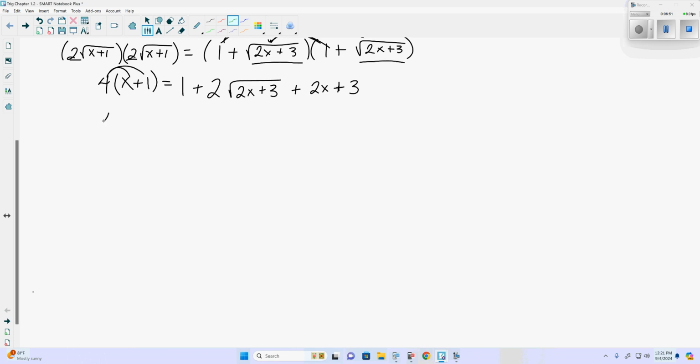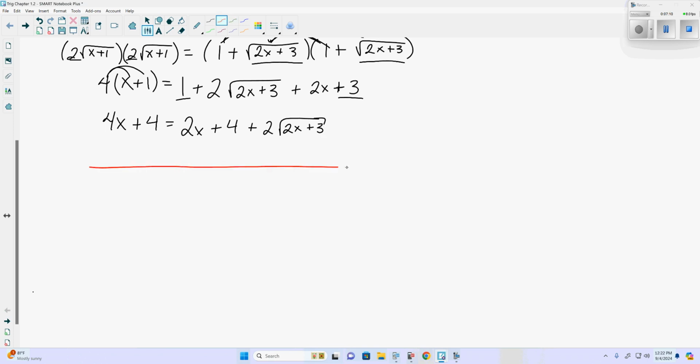Left-hand side, we can distribute the 4. 4 times x is 4x. 4 times 1 is 4. The right-hand side, 2x doesn't have any like terms. 1 and 3 is 4. Now, since we still have a radical, we need to get it by itself.